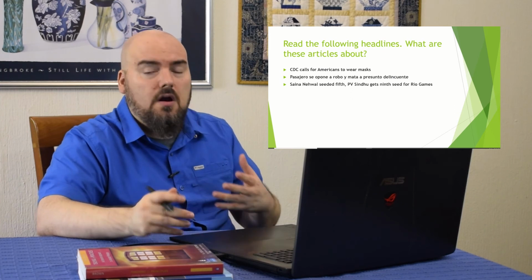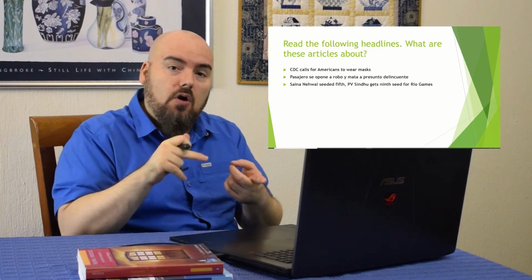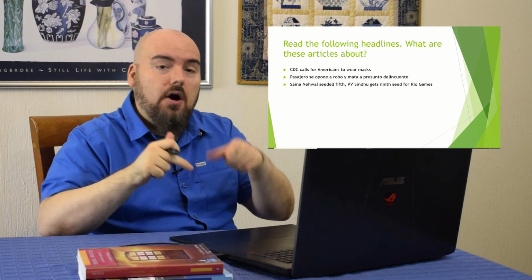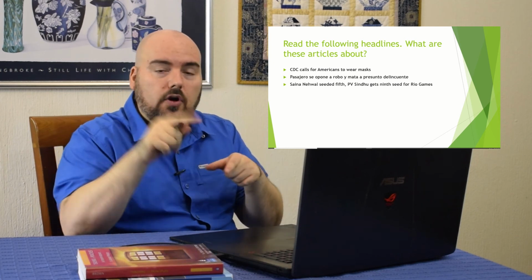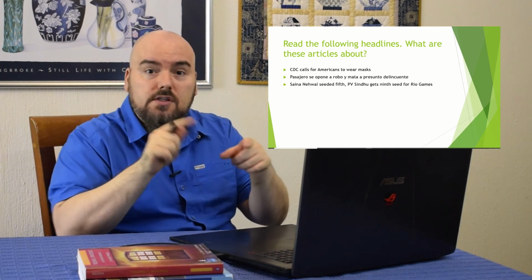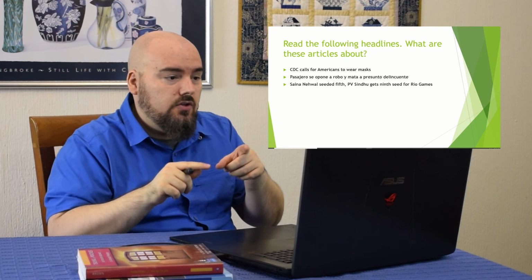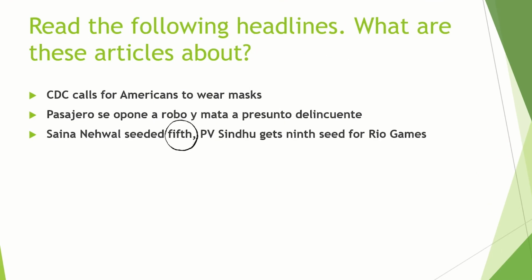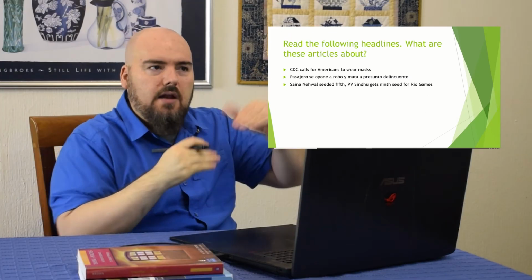Seeded 5th. All right, so you sort of go into bottom-up mode and start looking for specific words that give you meaning. So you go 5th, all right, and you go 9th. All right, those are numbers, right? Positions. And then games, okay, and then you go Rio games, and then you go top-down. Rio games, that's probably something to do with places.